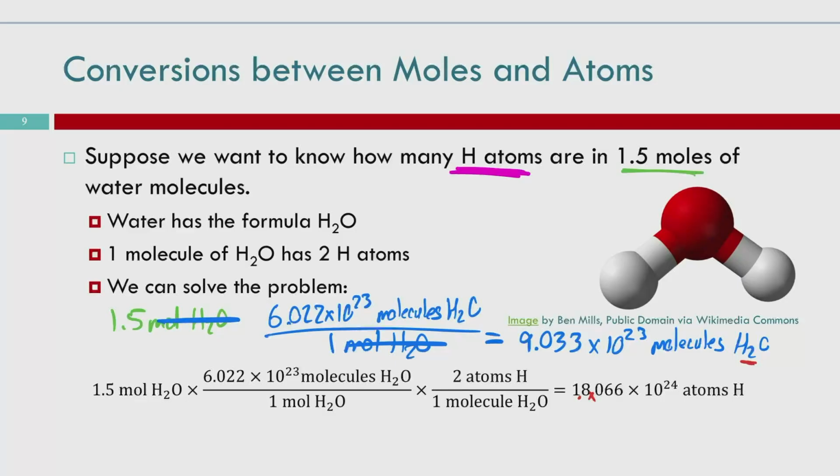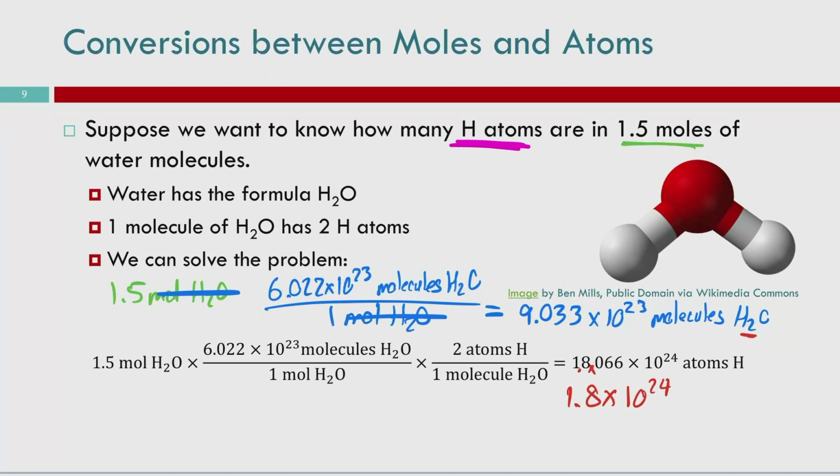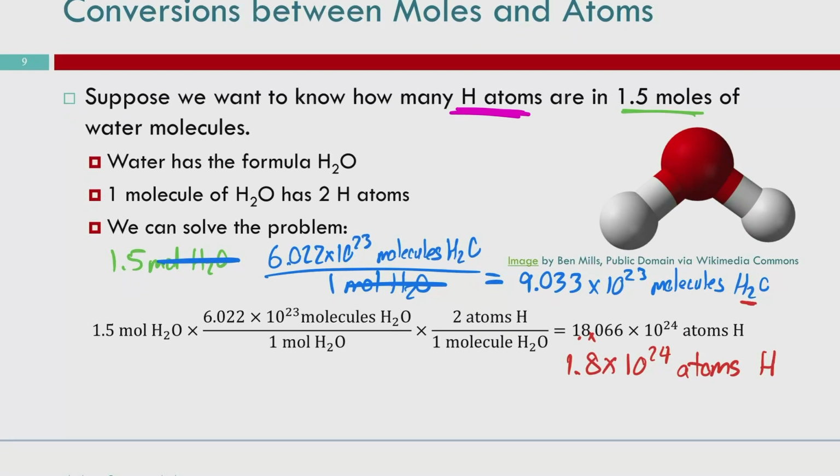I fixed it. 1.8066 times 10 to the 24, which we would round to 1.8 times 10 to the 24. We've got our atoms unit. We've got our chemical unit. Questions at all?